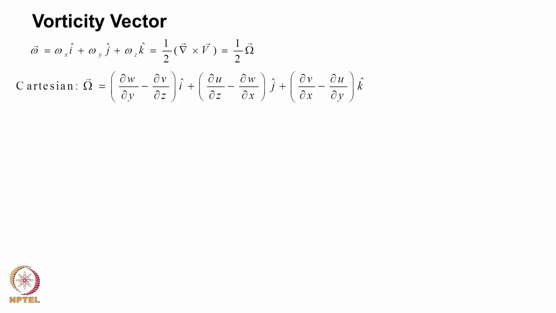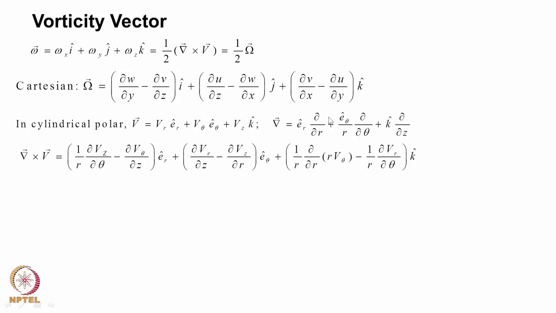In terms of detailed Cartesian components, rotation is given here as dou w by dou y minus dou v by dou z into i. This is the x component. Similarly, the expression for the y component is dou u by dou z minus dou w by dou x into j, plus the expression for the third component, dou v by dou x minus dou u by dou y into k. The expression for the cylindrical coordinate system is also given here.